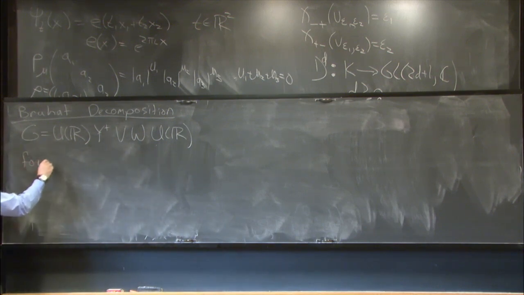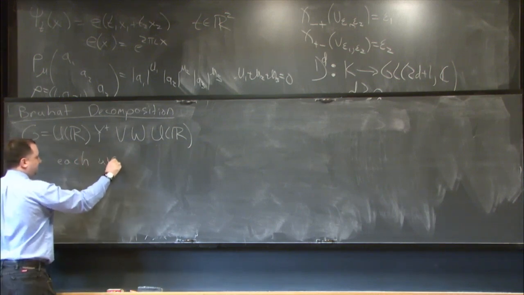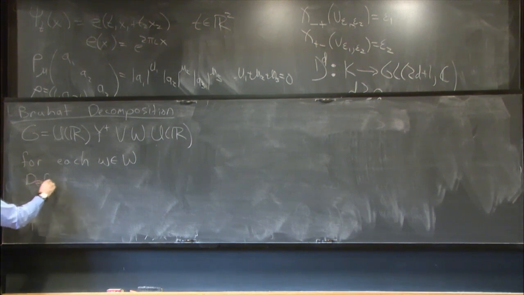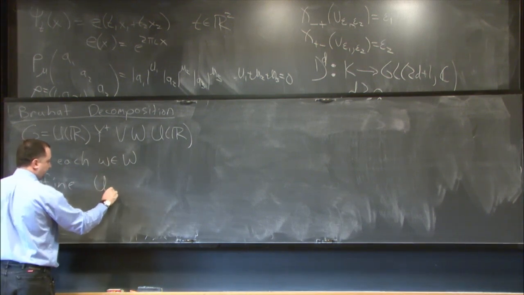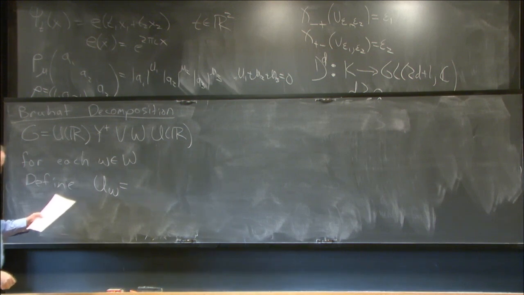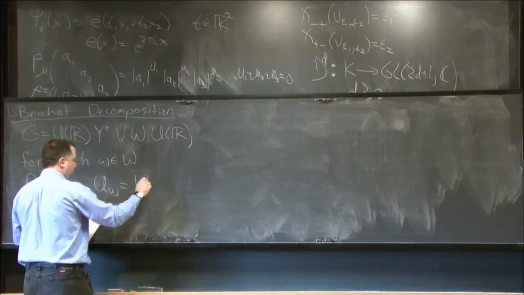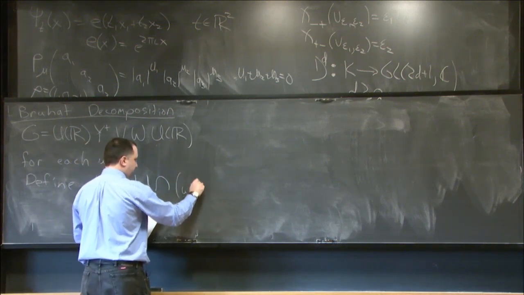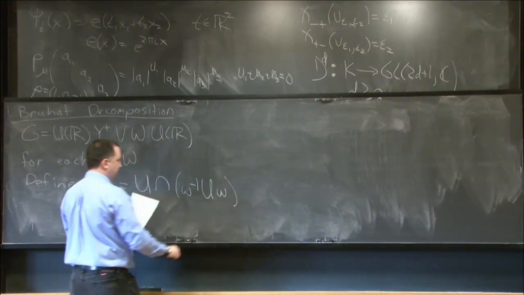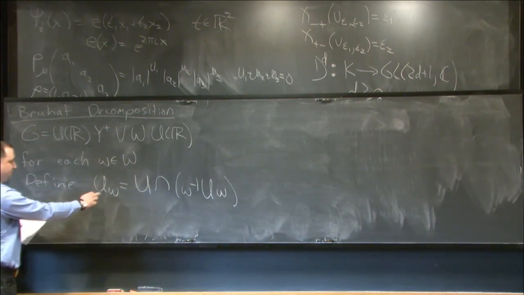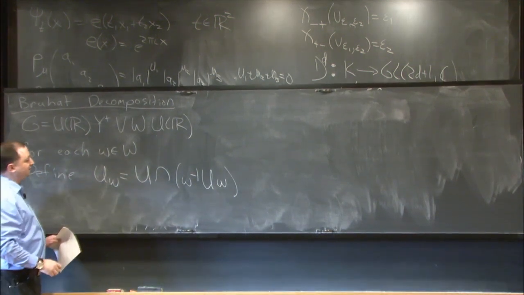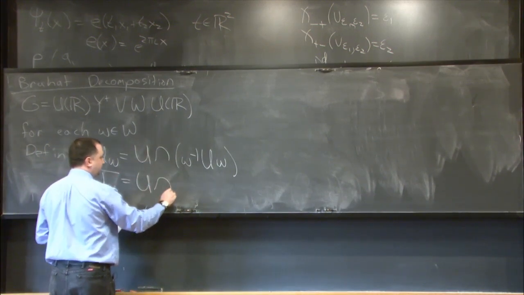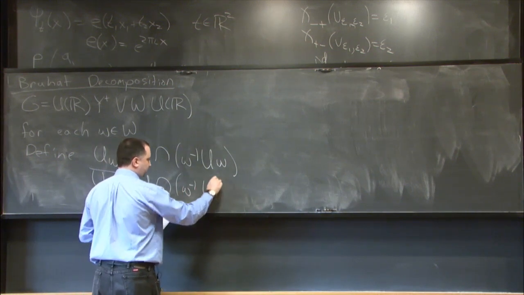So for each w, you can define U_w. Okay, I always get these things backwards. So this is U intersect w inverse U w. Okay, that's a subscript. And then U_w bar is U intersect w inverse U transpose w.